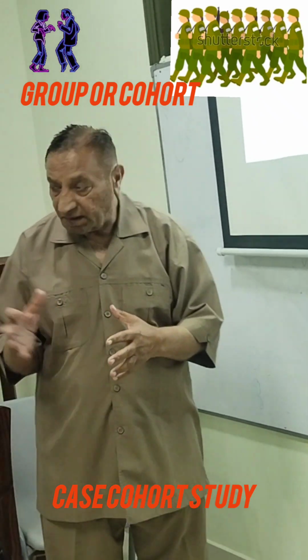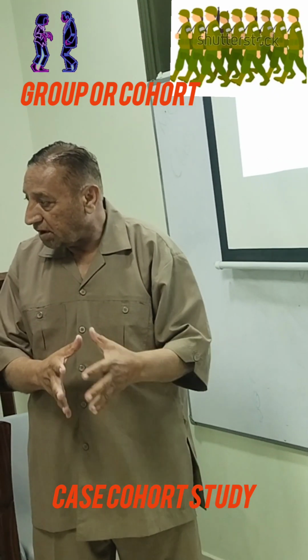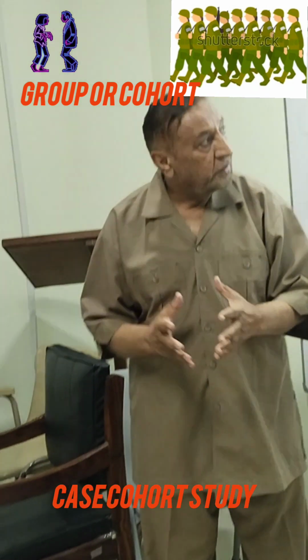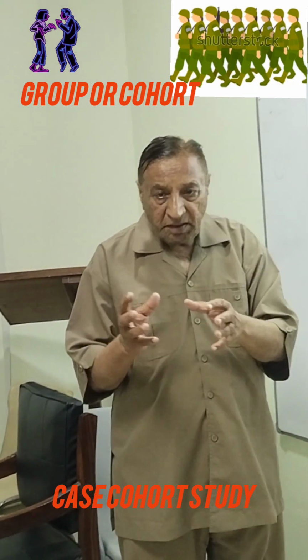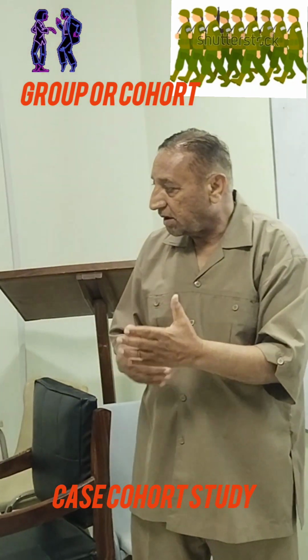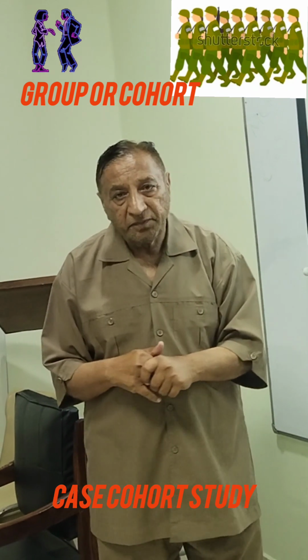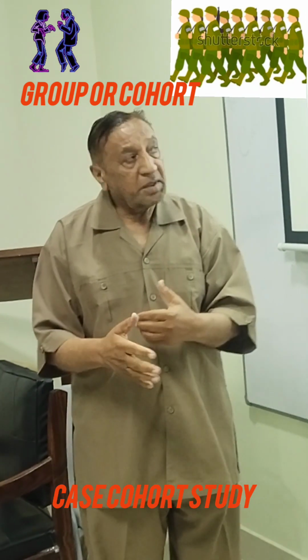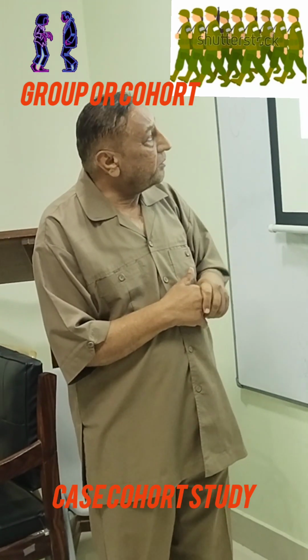This is basically a sample from the main cohort. We call it parent cohort or mother cohort. So if you select a random sample, you are not selecting with your choice or with your own will that this can be case, this can be control, but here it is a sub-cohort.